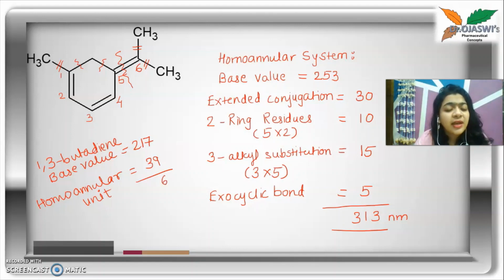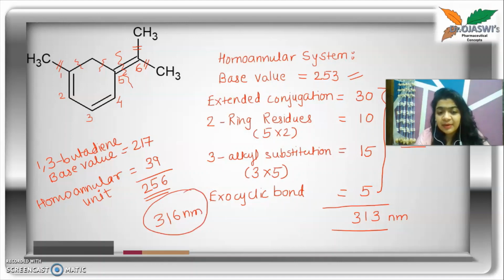So I have to add 39 units for homoannular unit. So ultimately the addition becomes 256 nanometer, which is closer to the base value of homoannular system. And since the other substitutions will remain same, the answer would be not much different. It would be 316 nanometers. So this much difference is acceptable.